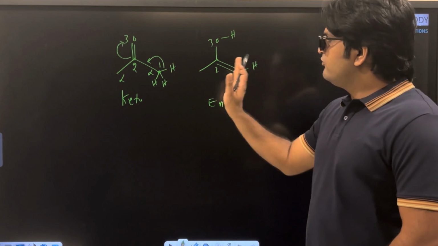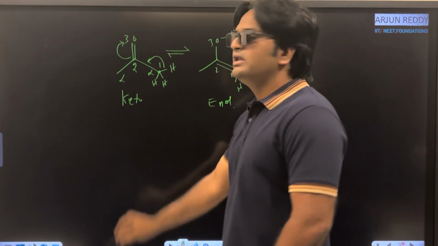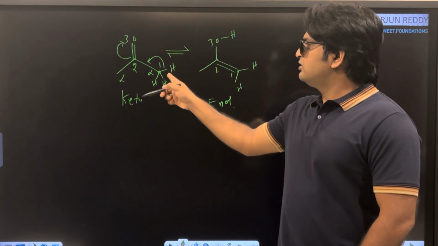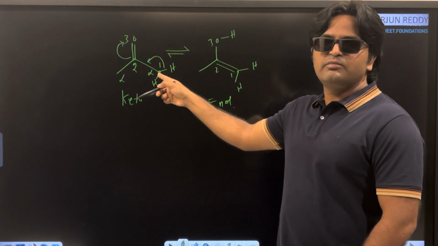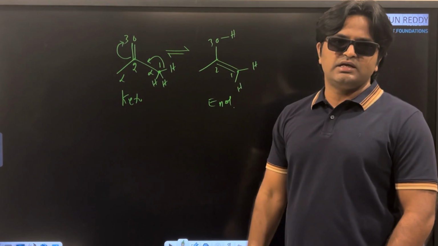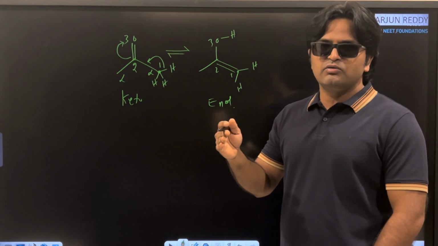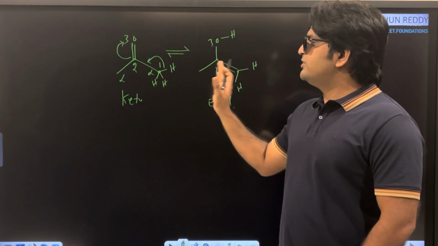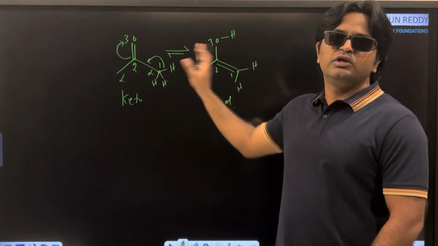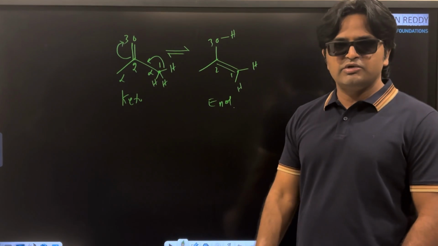So how are we producing these two molecules? By the movement or oscillation of a hydrogen atom. In the first molecule, hydrogen is present at the first carbon atom. In the second molecule, the same hydrogen shifts to the oxygen atom. There is an oscillation of hydrogen, an oscillation of proton. Because of the oscillation of that proton, we get keto to enol, enol to keto, again and again. This is what we call keto enol tautomerism, right?